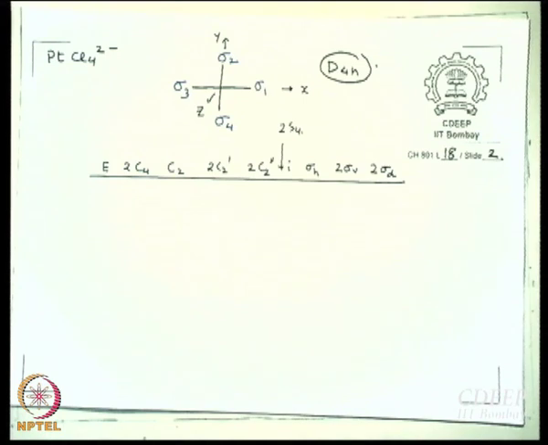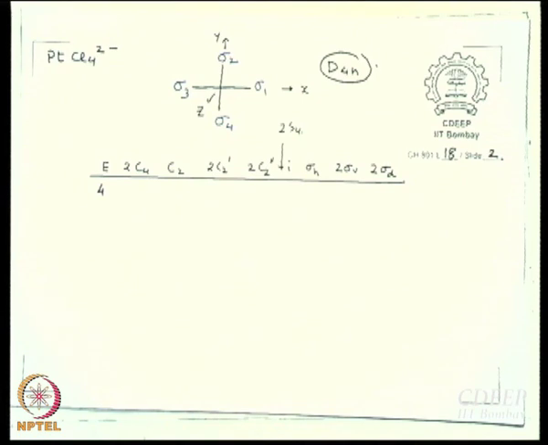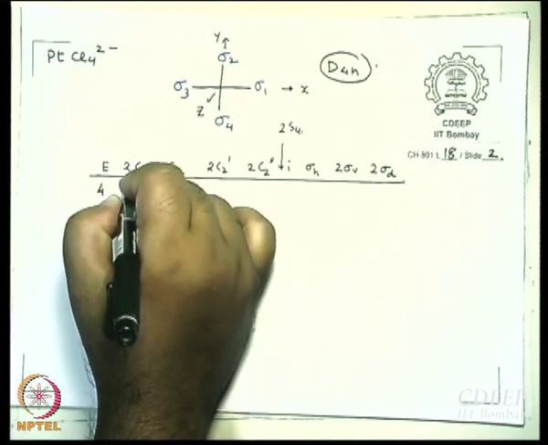So now the first thing to do is to construct the reducible representation using these 4 orbitals. Let's get ahead. The character of E is 4. What would be the character of C4? Everything will change places, so 0.